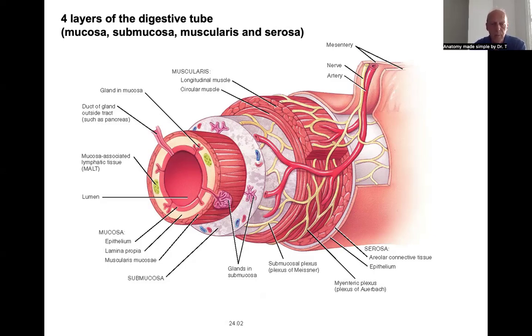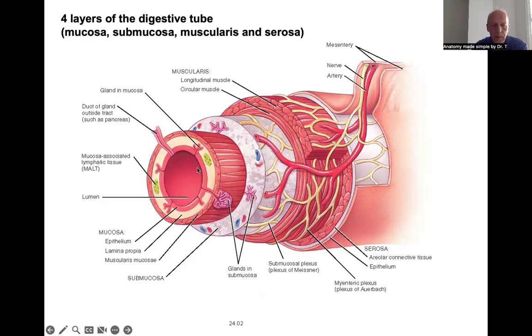As you know, the mucosa cannot sustain itself without supporting connective tissue, the lamina propria, which actually feeds the epithelial cells. We remember that epithelia do not have a direct blood supply, so they have to be fed indirectly.